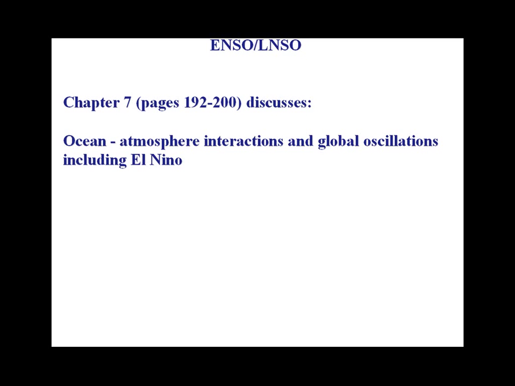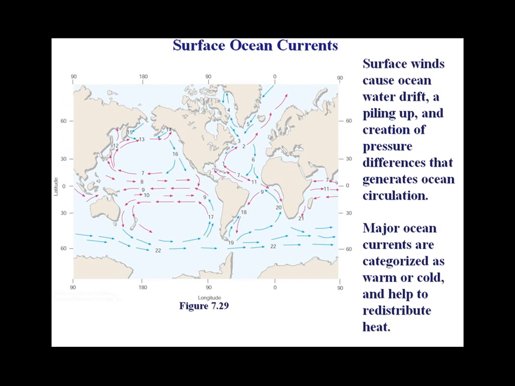So El Nino Southern Oscillation has something to do with atmospheric pressure patterns changing along with a change in sea surface temperatures. So keep in mind, as we talk about El Nino Southern Oscillation, we're talking about the equatorial region, right around 0 degrees latitude, and the area from Peru off the South American coast all the way over to about Darwin, Australia. So we're looking at these waters here.